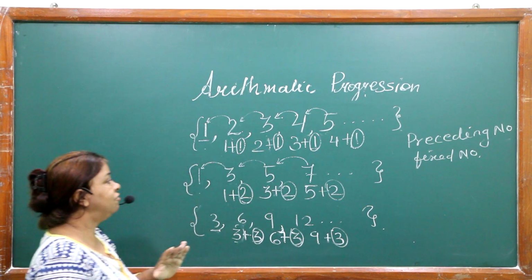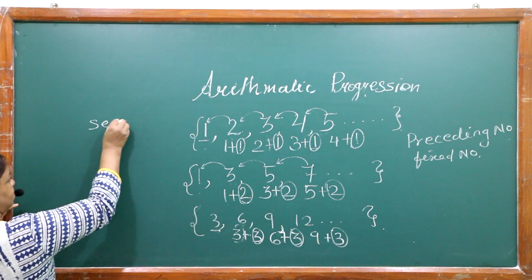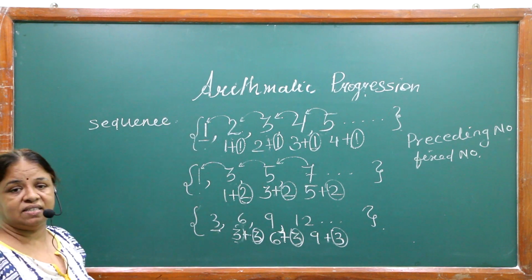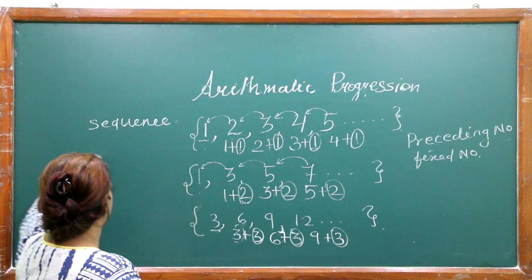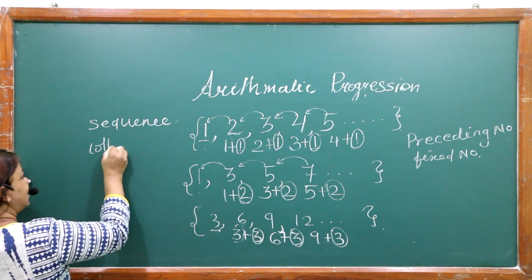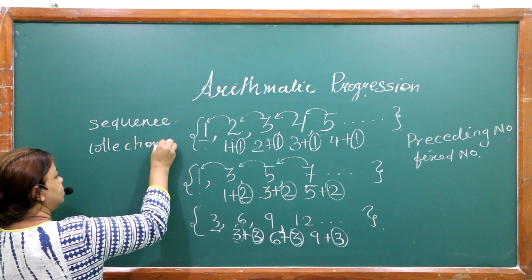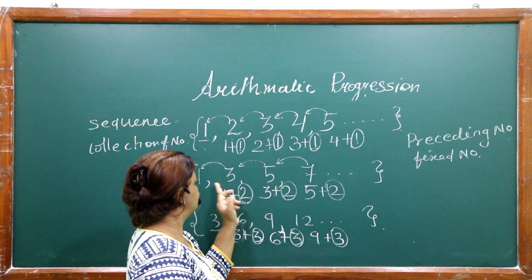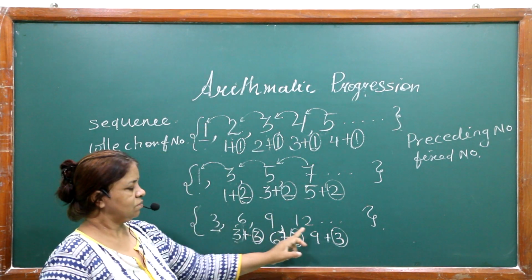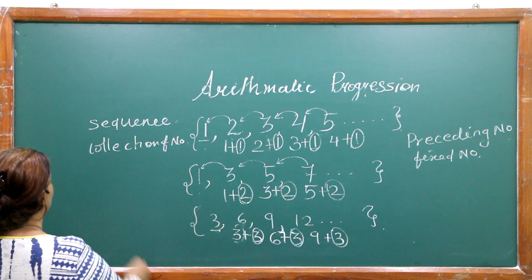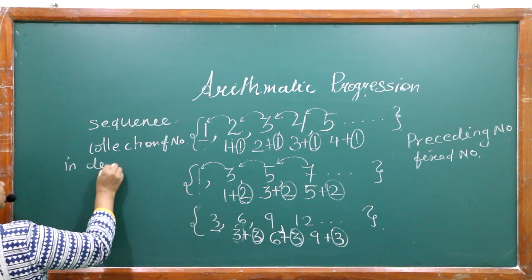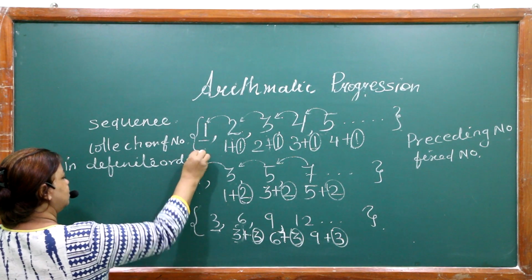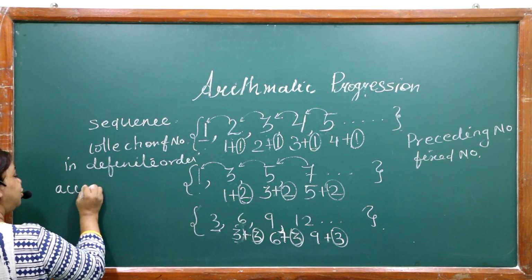I took the name of the word sequence, let me tell you what a sequence is. The sequence is a collection of numbers, in definite order, according to a definite rule.